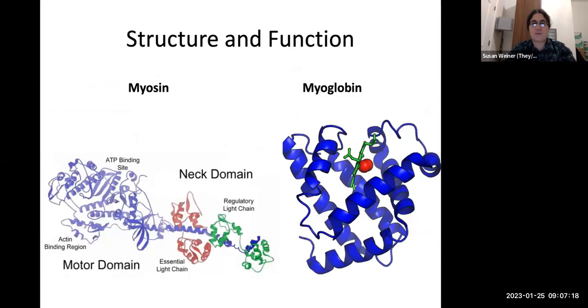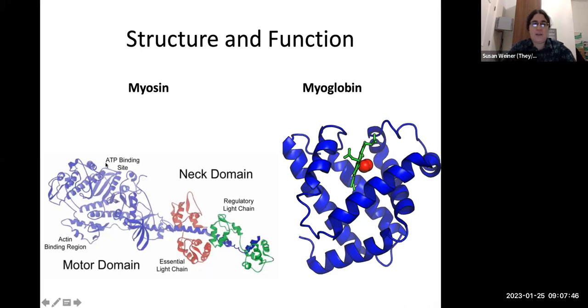So enzymes, for example, have a particular place where the reactants bind, and then they take some action that creates the product from the reactants. We also have, for example, myosin, which we talked about a lot last semester in muscles, that needs to crawl along actin.